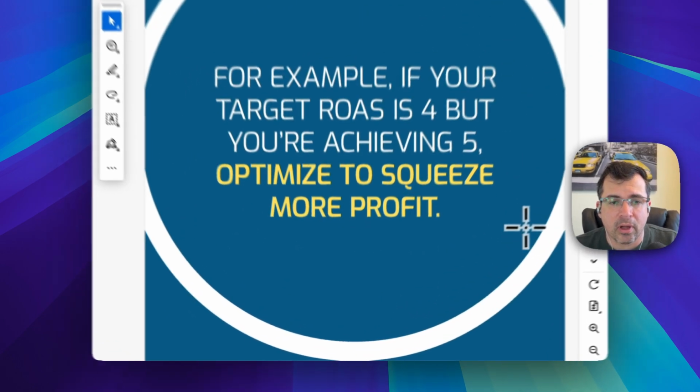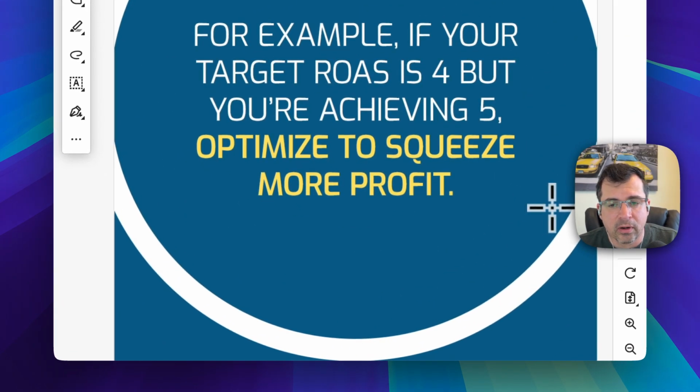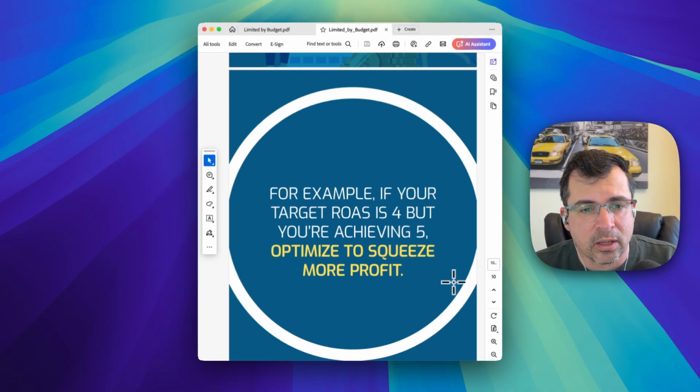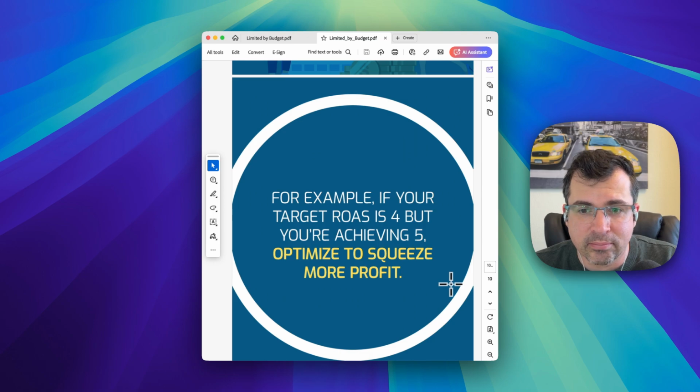So, for example, if your target ROAS is 4, but your campaigns are already achieving 5, then basically you can even squeeze a bit more out of those campaigns. And quite frankly, interestingly, most of the time that's the case. So when I see limited by budget, but the campaigns are doing well, most of the time it's really bad settings that cause an issue with an automated bidding strategy.